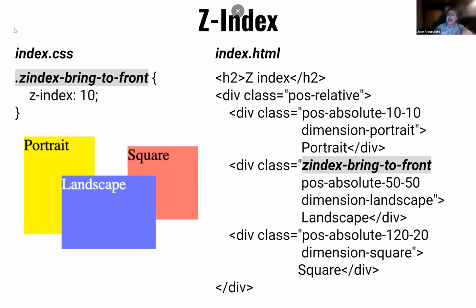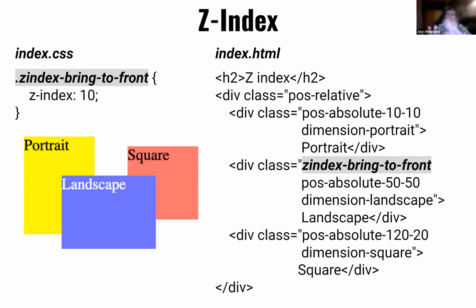If you give it a high z-index, it will be rendered on top of elements that have a lower z-index. I think the default is z-index 1 or 0, right? So if you make an element z-index 10, it'll render on top of all the other elements.